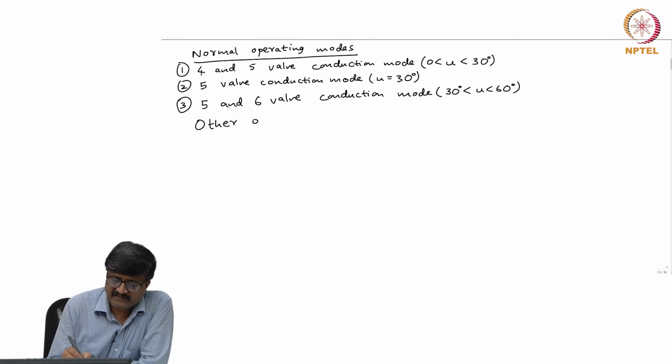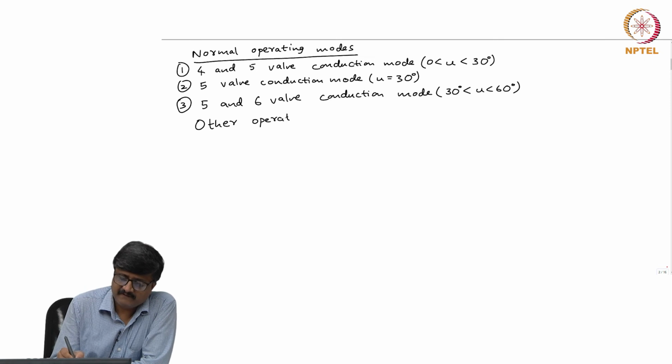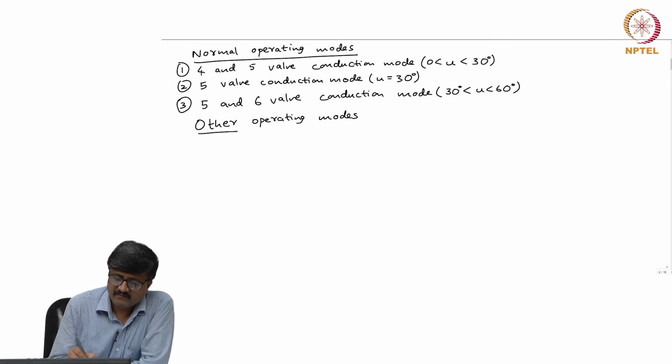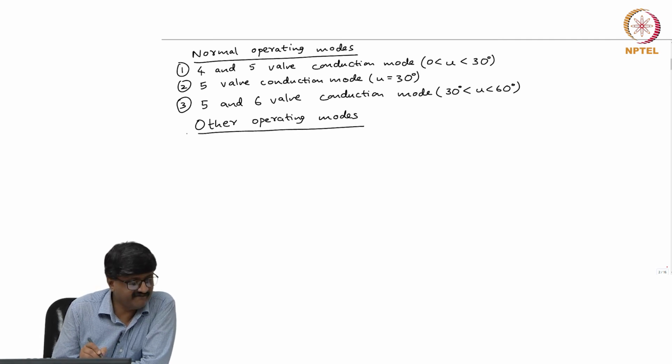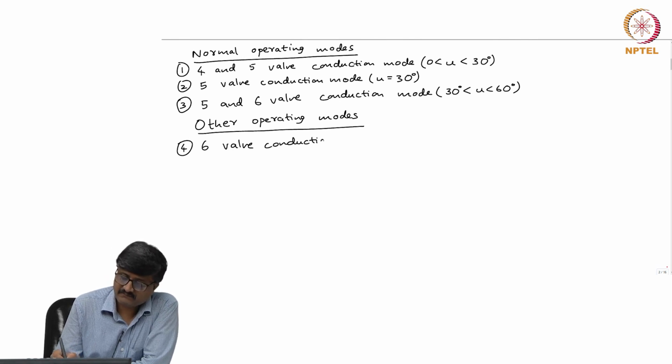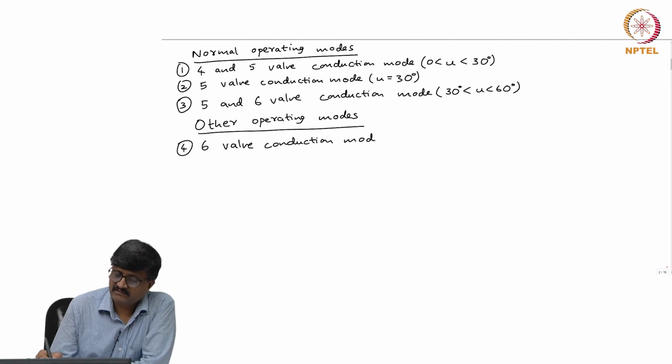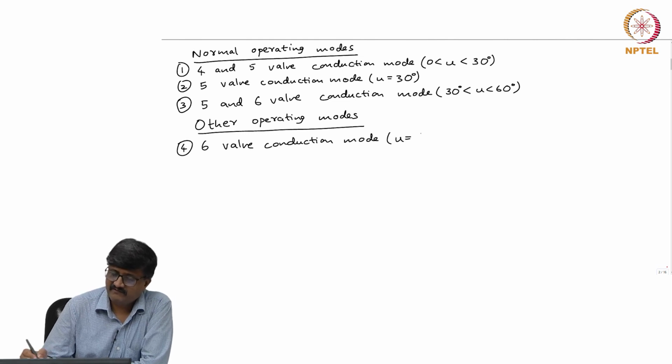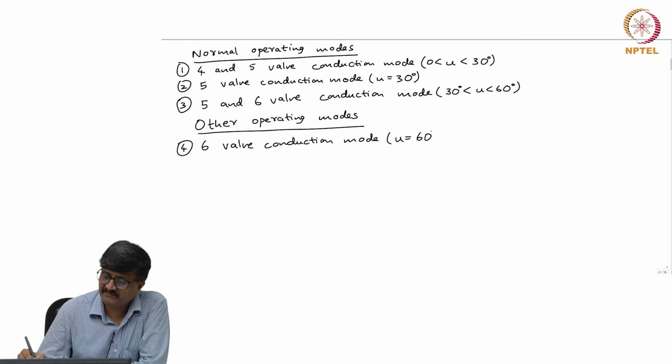So, the other operating modes are, if I have both 6 pulse converters operating in 3 valve conduction mode, then what I get is for the 12 pulse converter 6 valve conduction mode. This is applicable if u is 60 degrees.